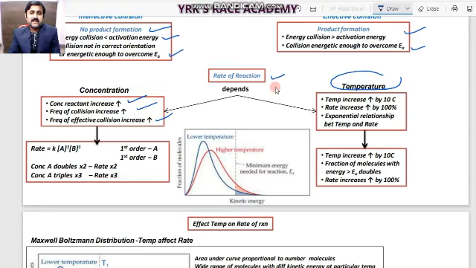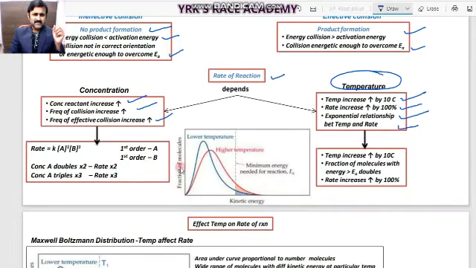Once you see the temperature factors, when the temperature increases by 10 degrees, the rate increases by 100%. An exponential relationship is there between the rate constant, rate and activation energy. So between temperature and rate, only this exponential relationship is there.